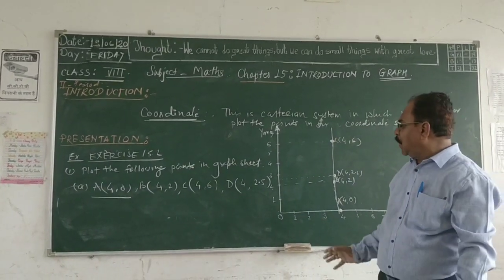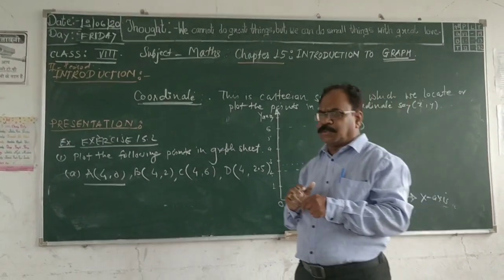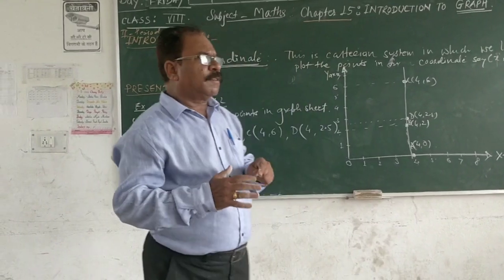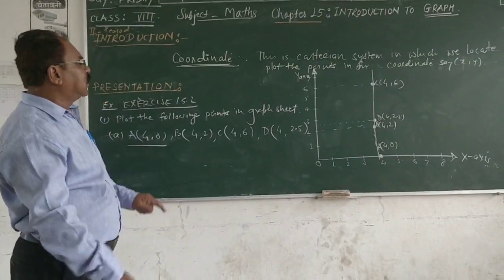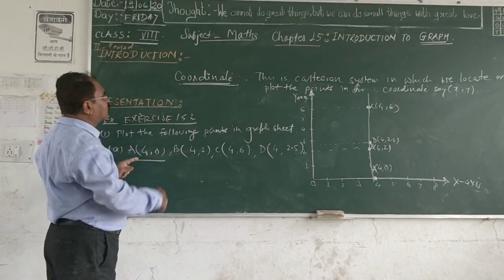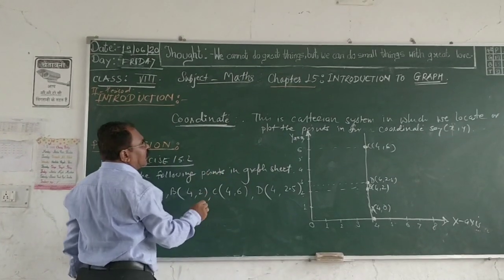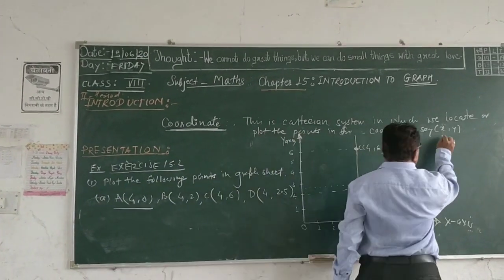And also we learned how to read a graph. If a graph is given to you, by reading the graph you have to answer the questions asked. And lastly we learned the Cartesian system, in which there are coordinates. What are these coordinates? They are in the form of x and y.